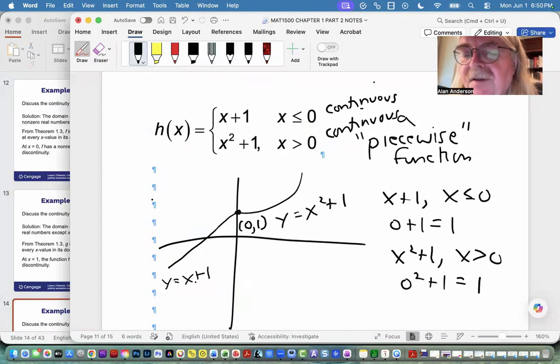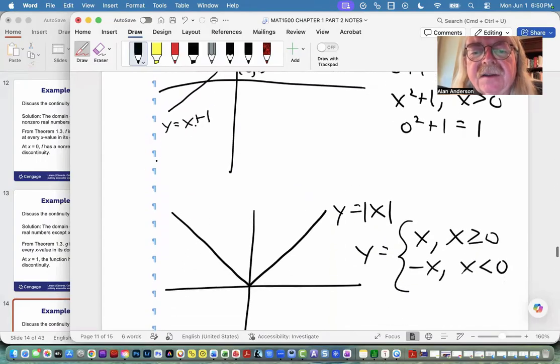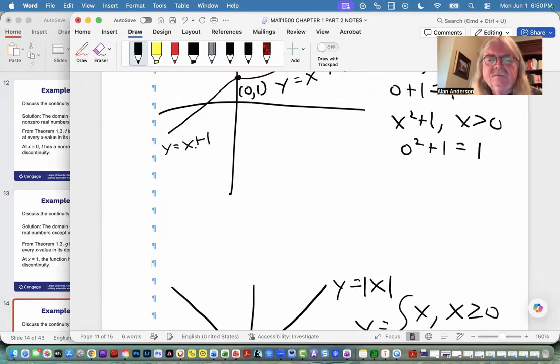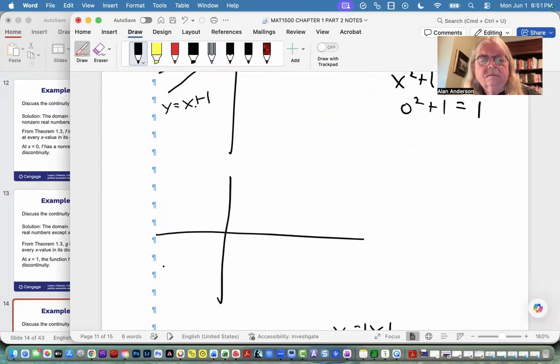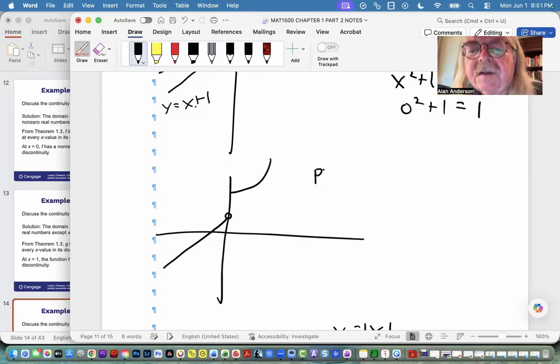There's no gaps. If instead, for example, we had something like this, and in fact, let me just move this down so you can see it better. Yeah, see, that's a different case because this piecewise function is not continuous everywhere.